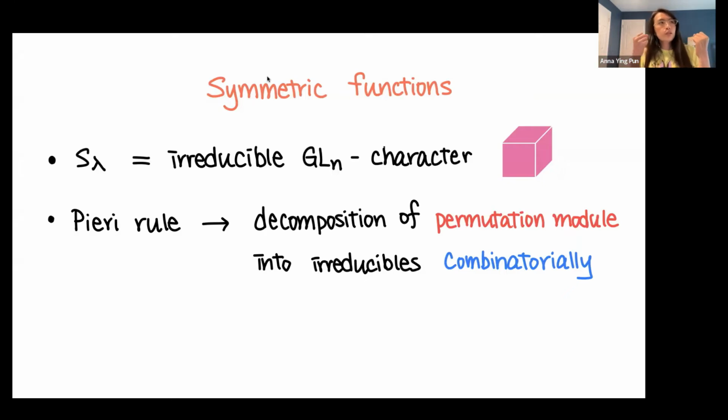You have two Schur functions multiplying together, and then you break the product down into Schur functions. You multiply them together, get something bigger, and then you decompose it. So the Pieri rule gives us a combinatorial way to decompose the product into the irreducible blocks again. That's basically what the Pieri rule is.